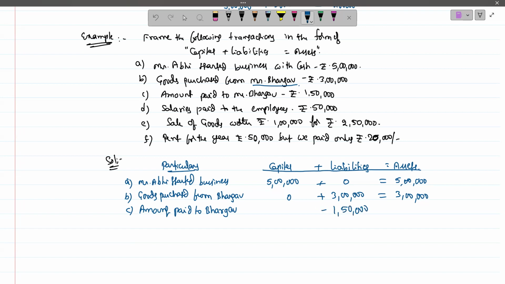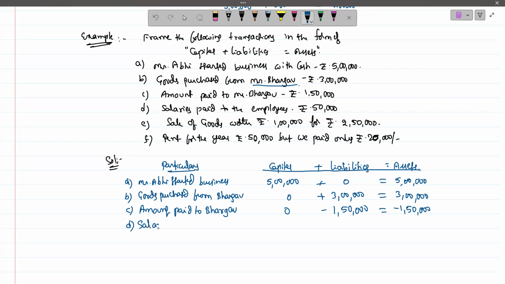So liabilities are reduced by 1,50,000. At the same time, we paid cash, so the cash balance is decreased by 1,50,000. Cash balance decreasing means assets decreased by 1,50,000, and capital is not affected. So the net accounting equation is 0 minus 1,50,000 equals minus 1,50,000.